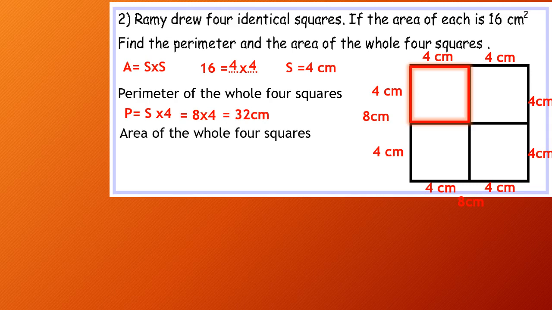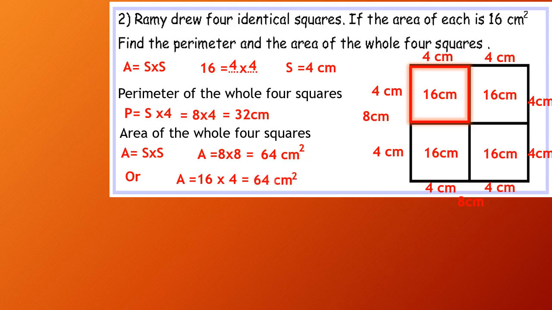The area of the whole 4 squares is side by side. Each side is 8, so 8 by 8 equals 64 centimeters square. Another way, because each square is 16 centimeters square and I have 4 squares, we can multiply 16 by 4 equals 64 centimeters square.